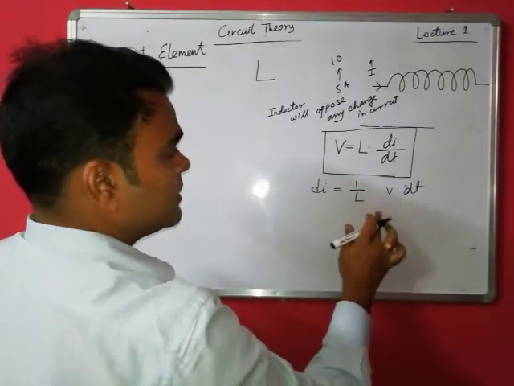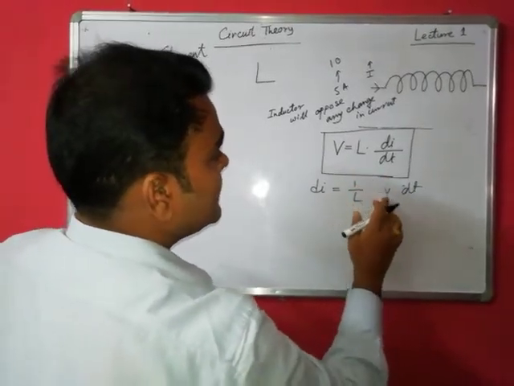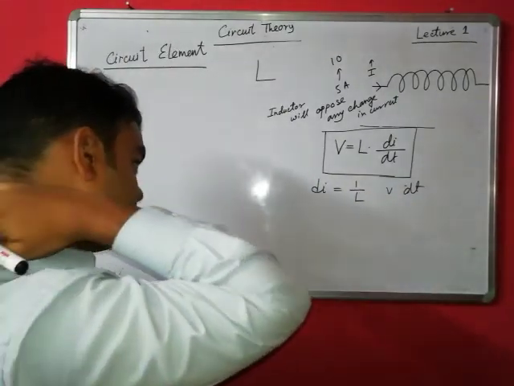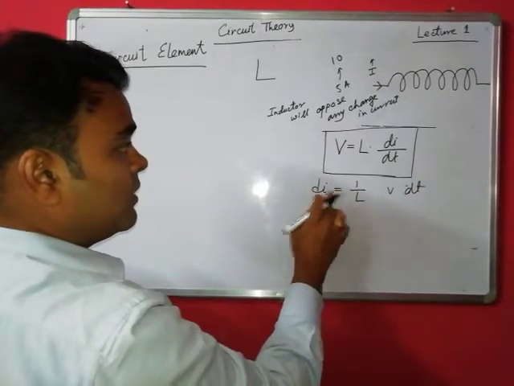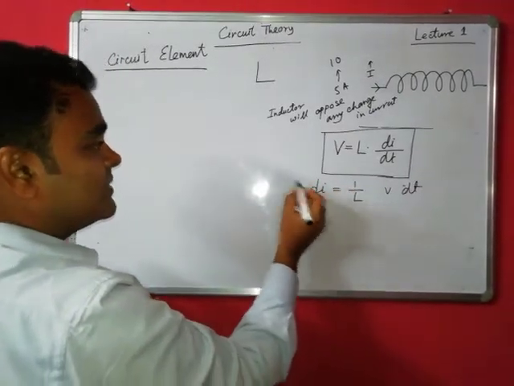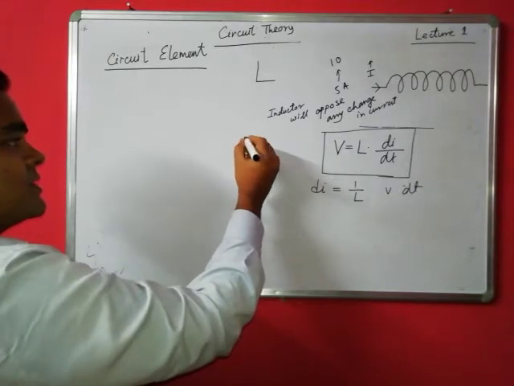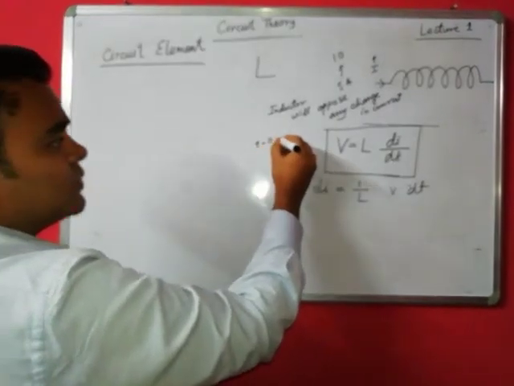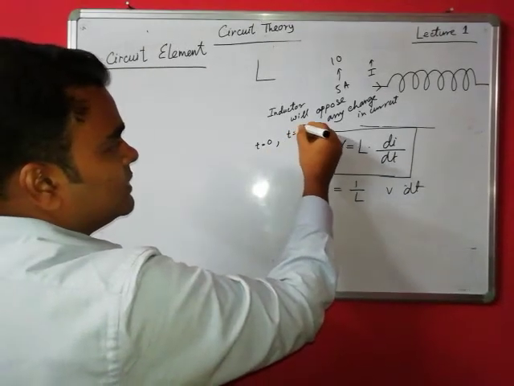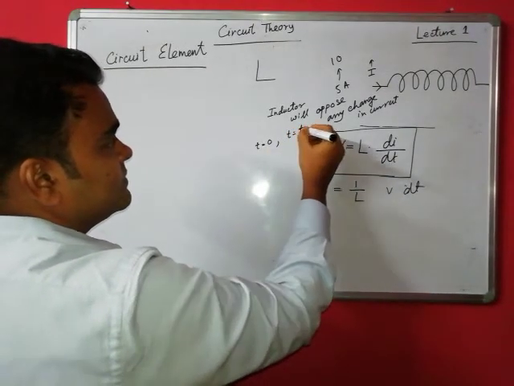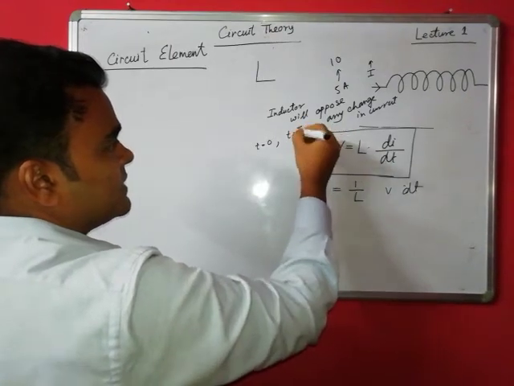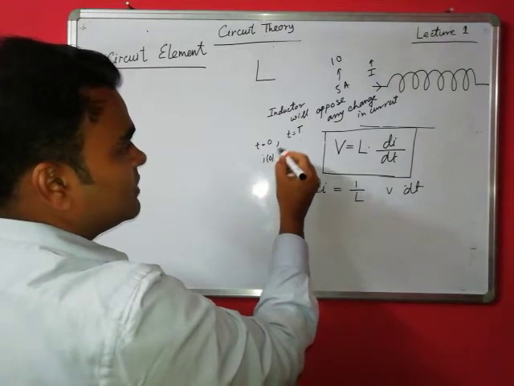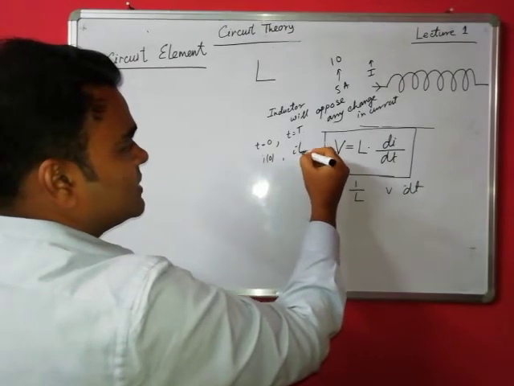So whenever we have to integrate the current over a period, say from t equal to 0 to t equal to capital T, and let us assume at t0 the current is I0 and at T the current is IT.